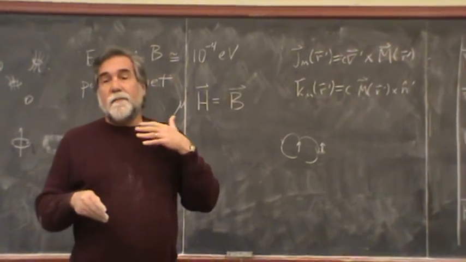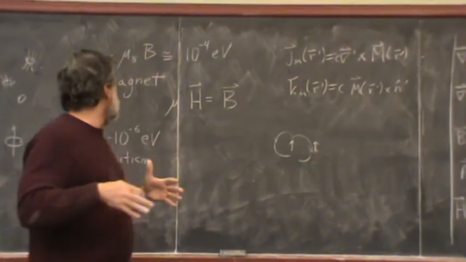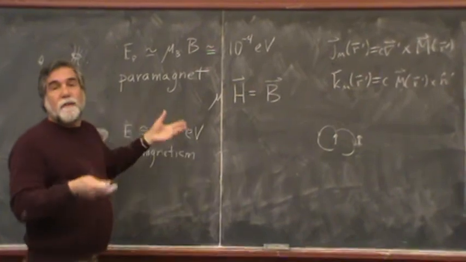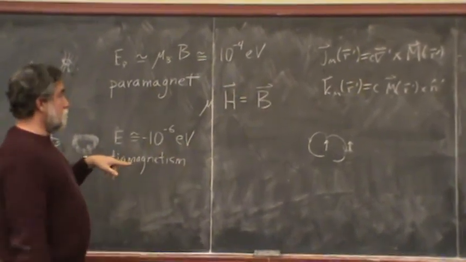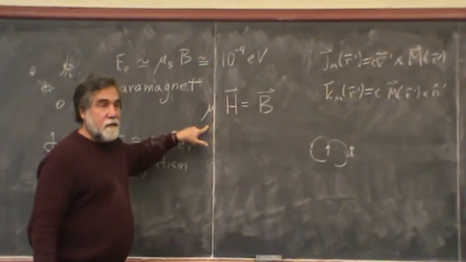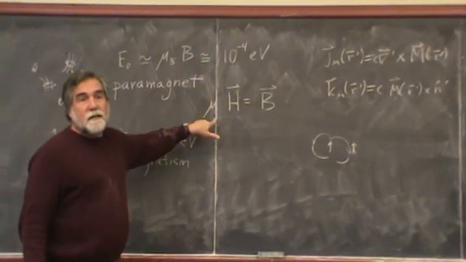So a ferromagnetic material is not linear at all in its response. These are linear: you increase the field, the average magnetization increases linearly, and so you can write that relationship. But with all interesting magnetic materials, this is not true.